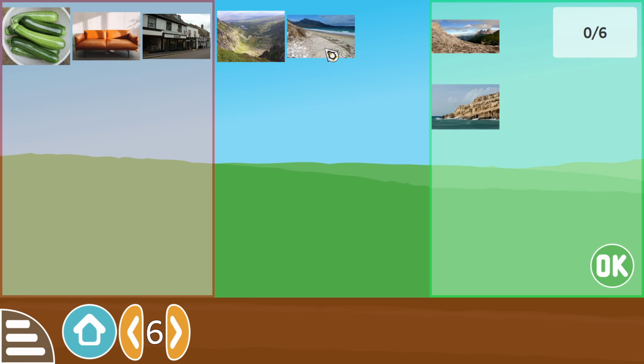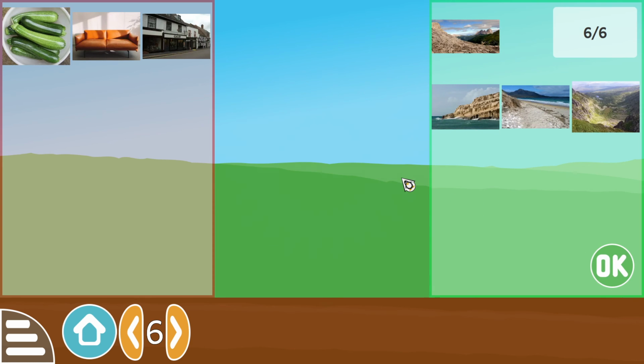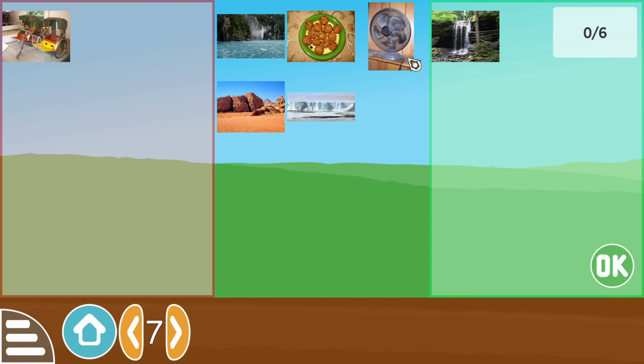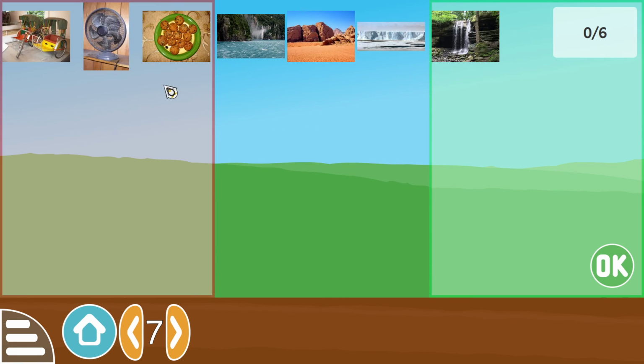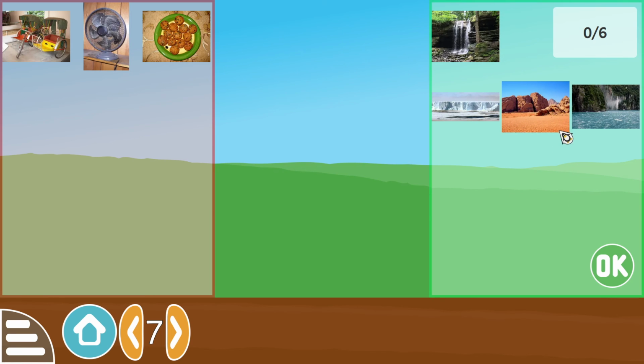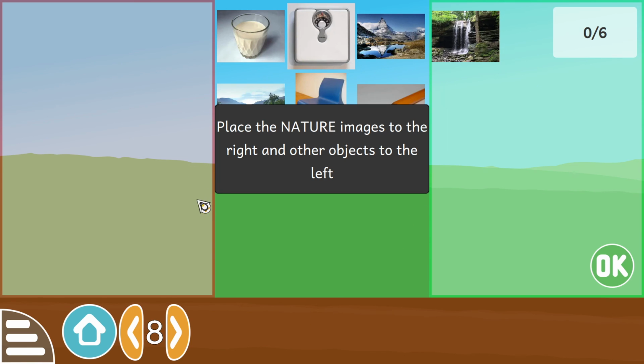But the rocky coastline, the shoreline as well, and the valley were part of nature. Bike, fan, and biscuits aren't. But the ice sheet, the rocky desert, and the waterfall by the ocean are.